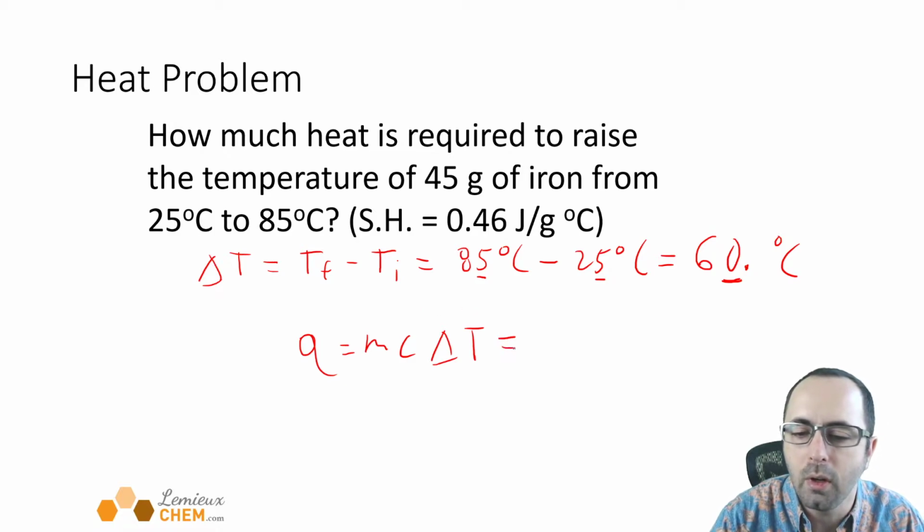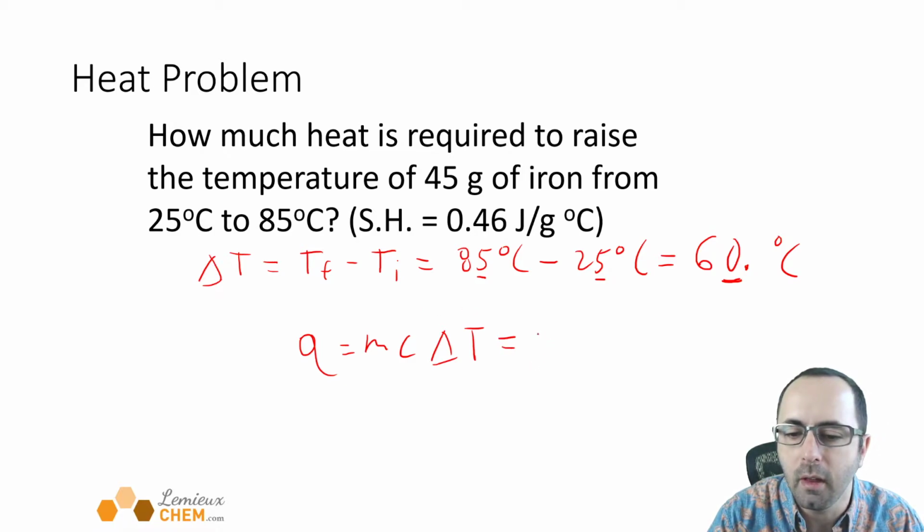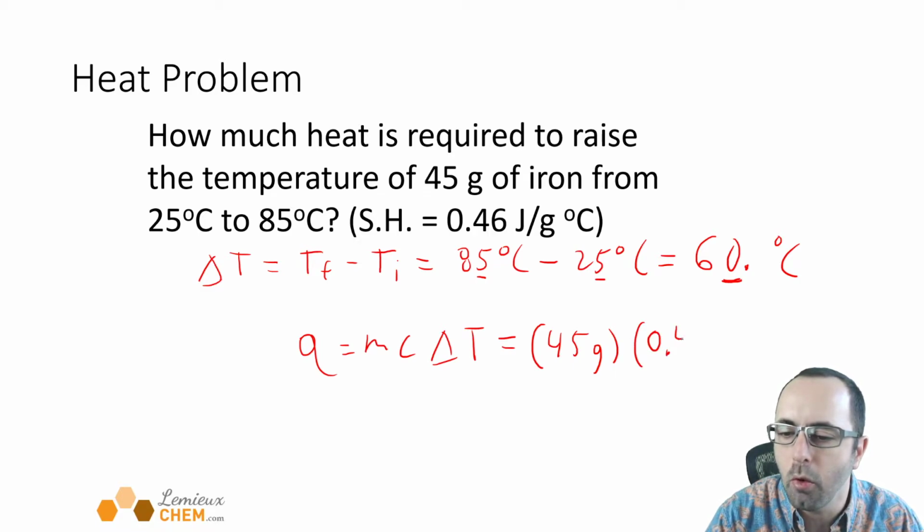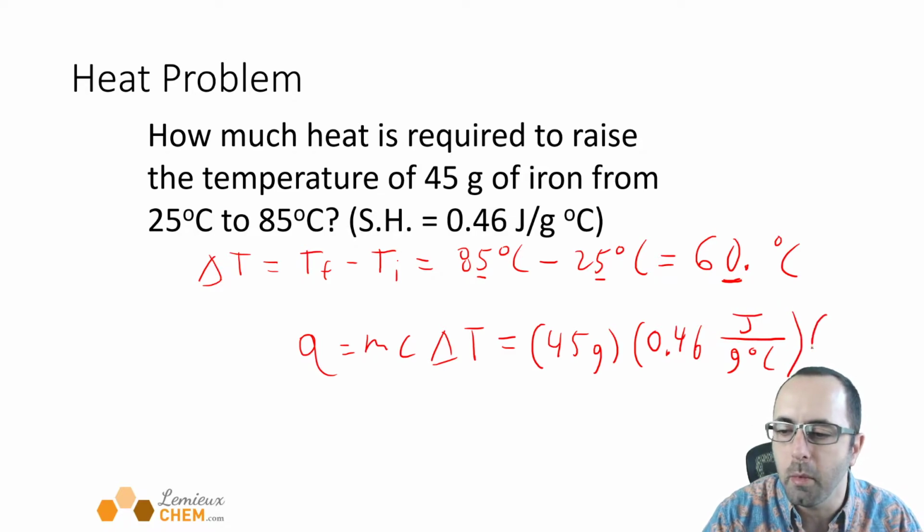So now we're going to plug in all of these amounts that we've got. We've got 45 grams of iron, and its specific heat is 0.46 joules per gram per degree Celsius. And we're going to multiply that by the change in temperature, which is 60 degrees Celsius.